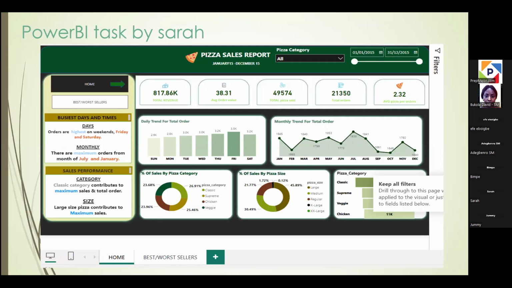In this visualization board, he was able to know that the busiest days were the weekends, Friday and Saturday, and that he sells best in July and January. By category, he found that his classic pizza sells more, and people order large sizes more than the smaller sizes and the extra large size. So these are the visualizations for the queries you saw.